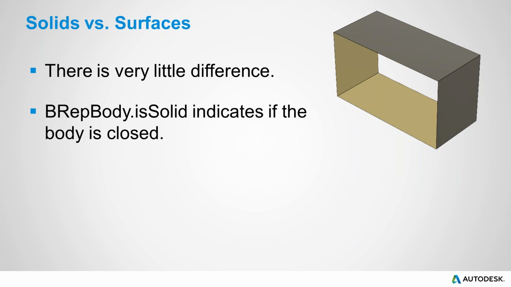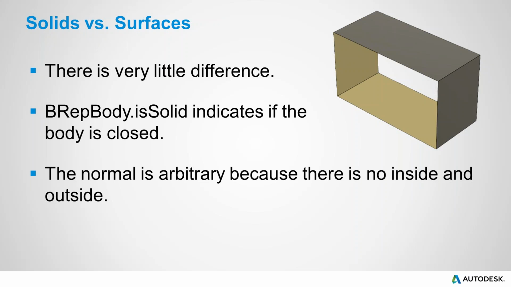And there's a property on the BREP body called isSolid that tells me if it is entirely closed or if there are some open edges in the body. So if I care whether it's solid or not, I can do a quick check, and probably in most cases I don't really care because I can interrogate it just the same whether it's a surface or a solid.